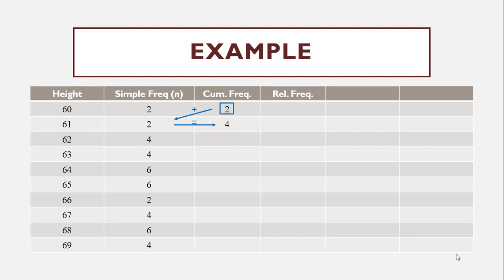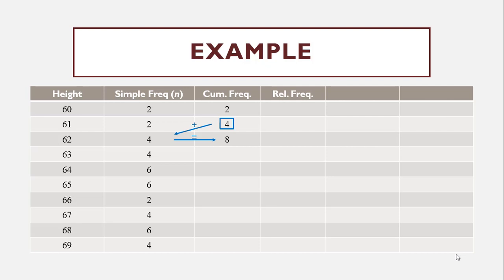So we have 4 people that are 5'1" or shorter. How many people are 5'2" or shorter? Well, we encompass all the people that are 5'1", add to it the people that are 5'2", and we then end up with 8. So we take our number below that, and we would just do that for every cell beyond that point. The only cell that's different is our starting point.